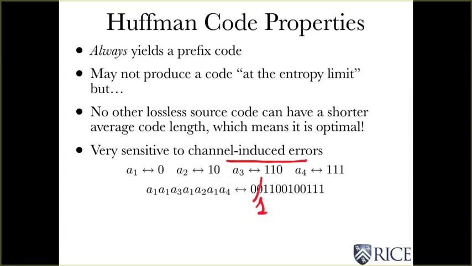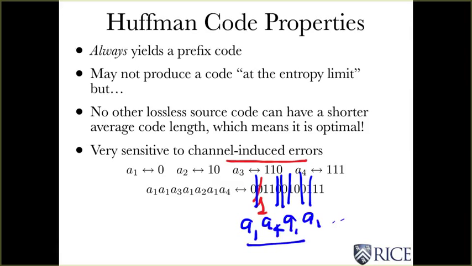So we have 0, that's fine. Well, it's now 1, 1, 1. Well, that's this. And then we have a 0, and another 0, and then 1, 0, another 0. Well, that comes out as an A1, and then an A4, and then an A1, and an A1, etc. So that is not the same as that.